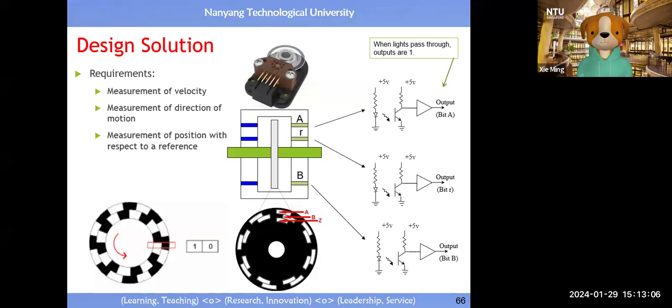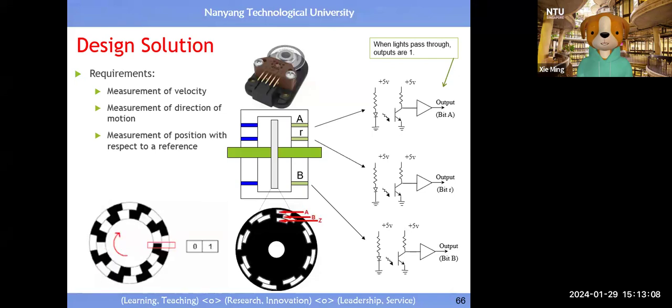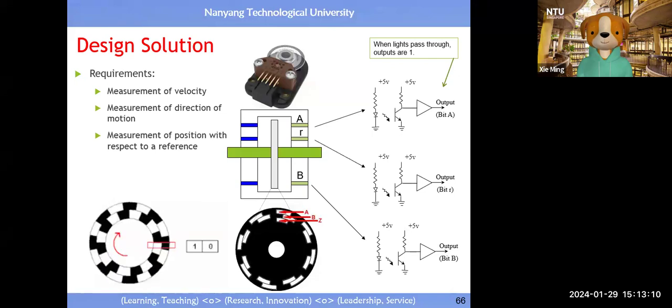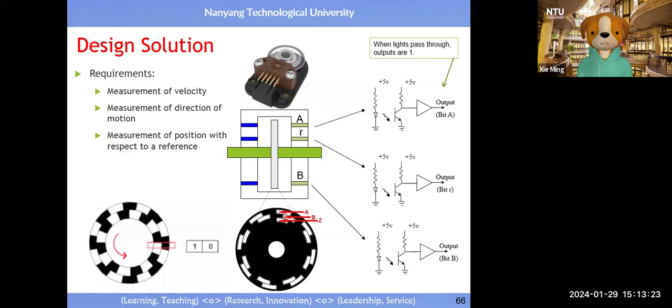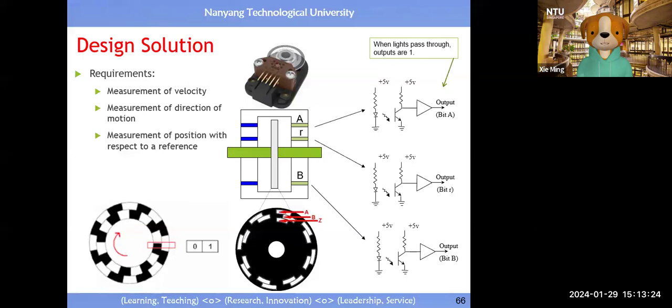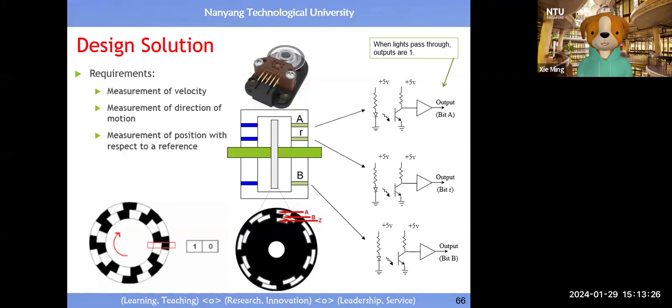Now you see, we can also make the same sensor, the same design, enable us to derive the position information, just by adding one extra hole. We call it signal Z, just adding one extra signal Z, right? So that corresponds to the reference zero position.